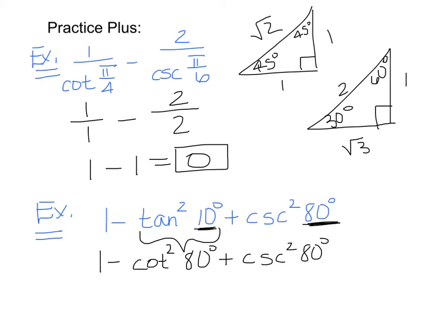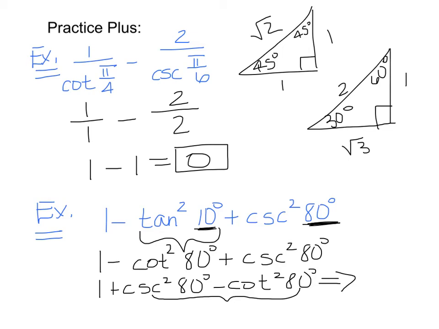And then I know that if I rewrite this, then now I have a Pythagorean identity that this whole thing equals 1.